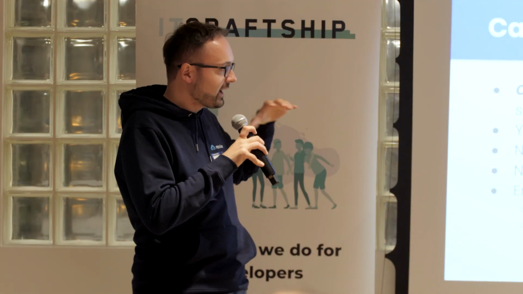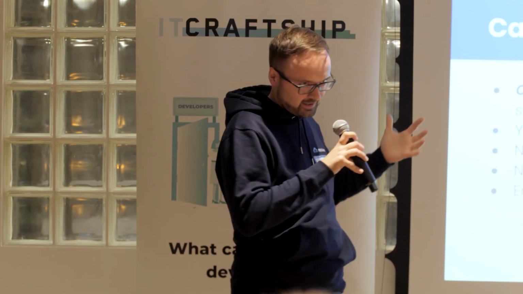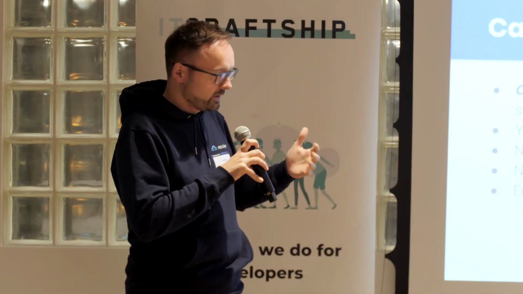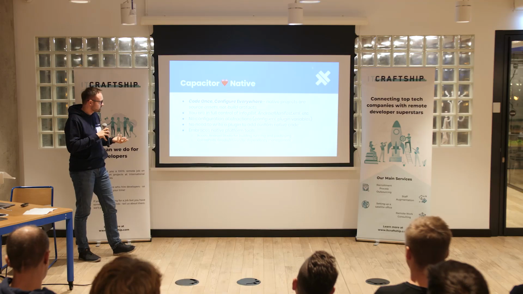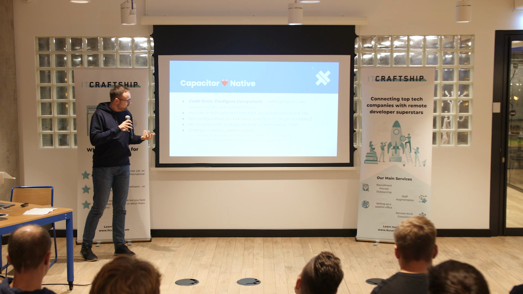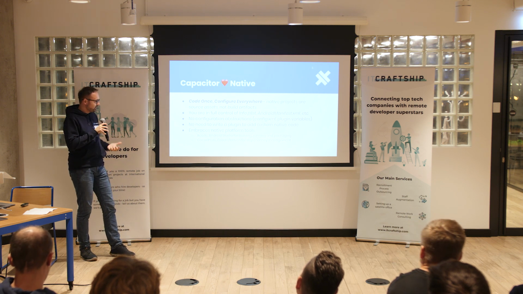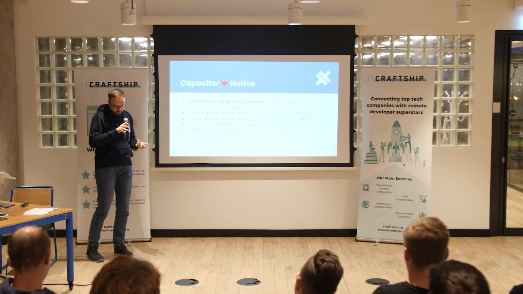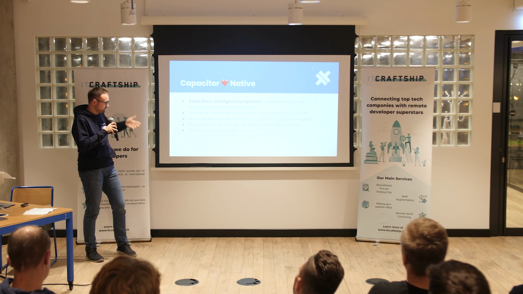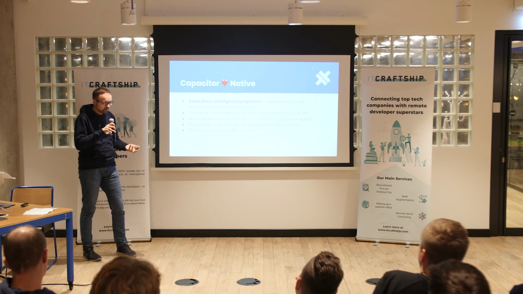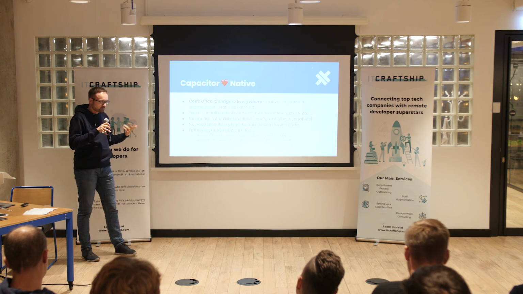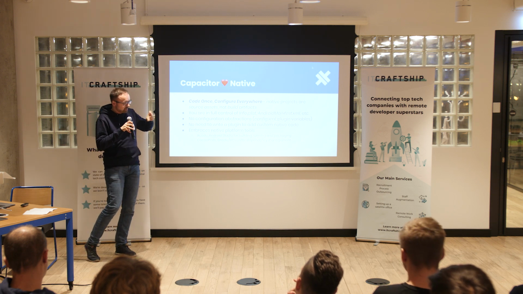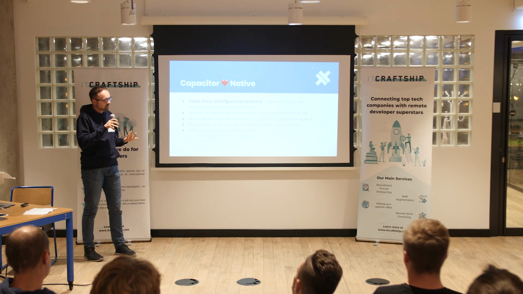With Capacitor, you have all of that checked in. So if you make any changes, it stays there. It will always be there. It won't get wiped away and recreated with each build you make. And finally, you don't really need to write a plugin to add any kind of custom native code. Because of Cordova's behavior, basically wiping everything and regenerating everything, there was no good way to add some tiny bit of native code that you needed to change how your app behaves on the native side of things.